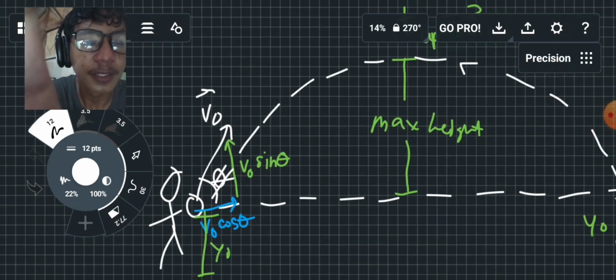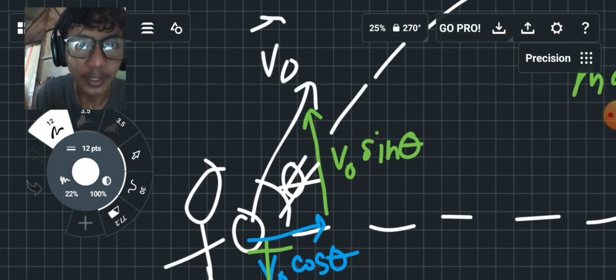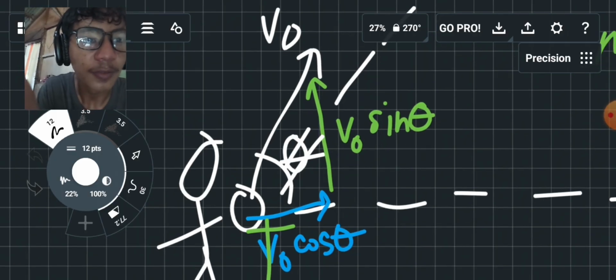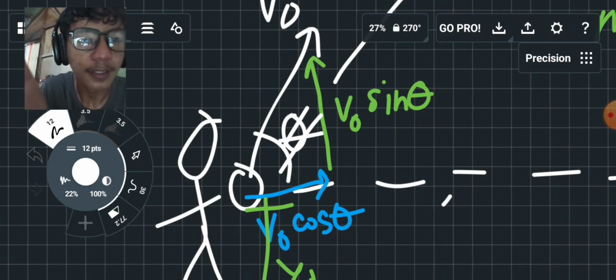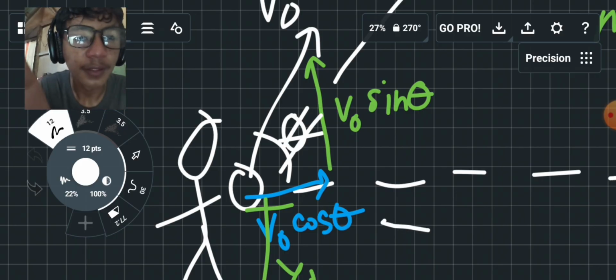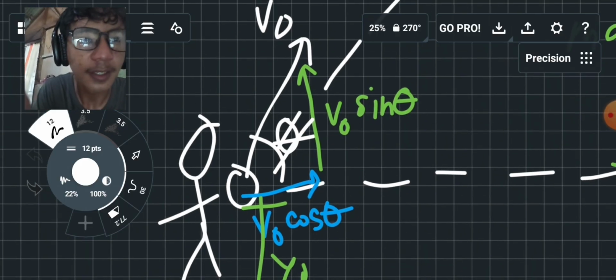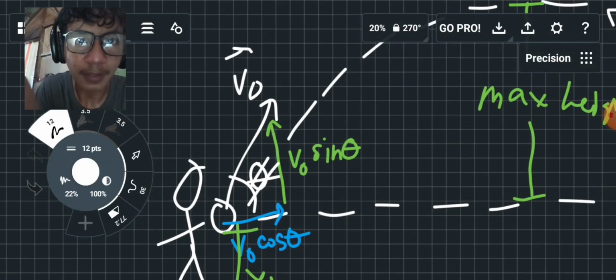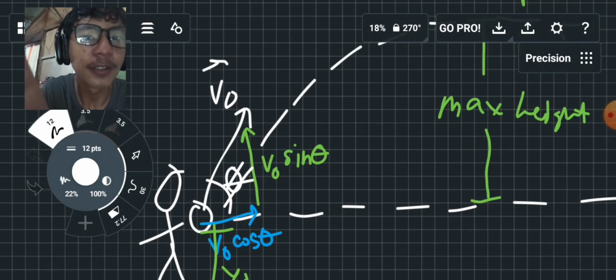We first look at the initial velocity. We have here our components, the v naught cosine theta for the x direction and the v naught sine theta for the y direction.